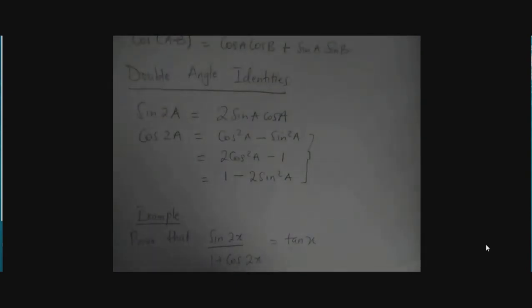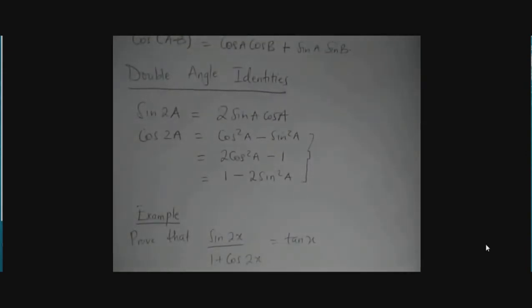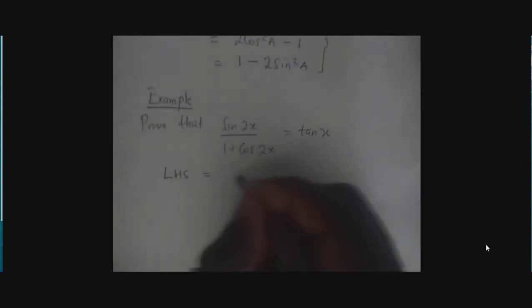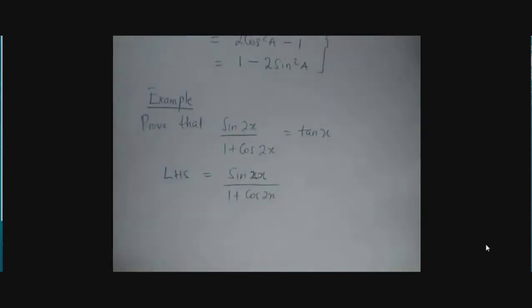So if I'm to prove the left hand side, which is equals to sine 2x over 1 plus cos 2x, then I ask myself, do I locate any double angles there?